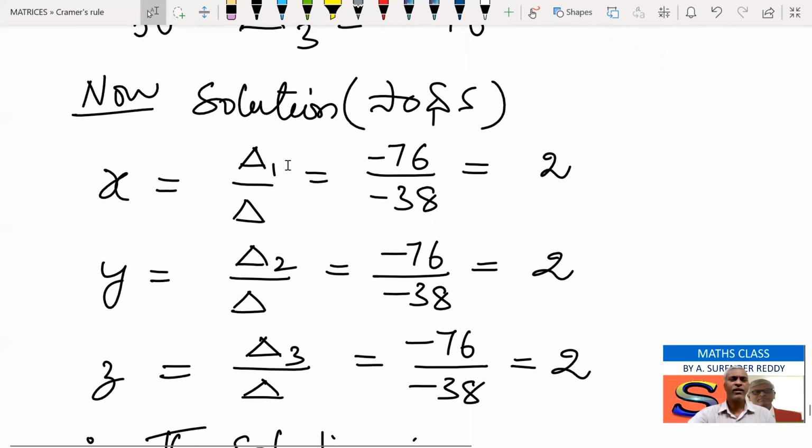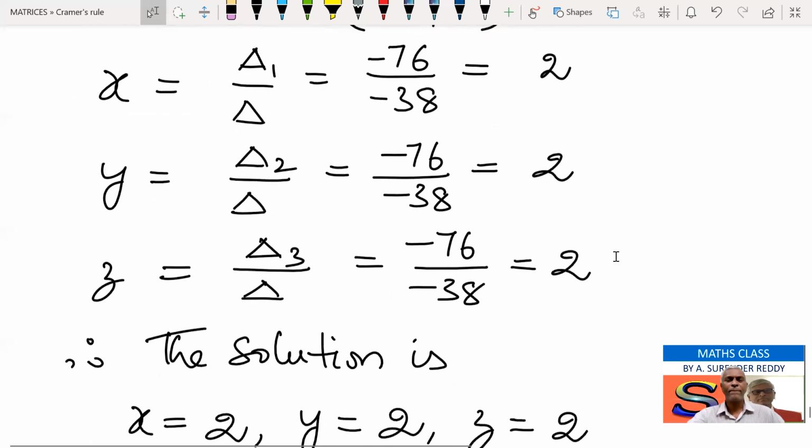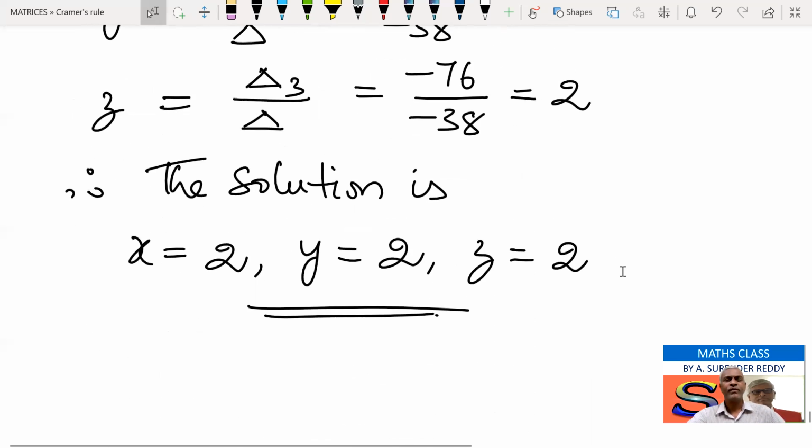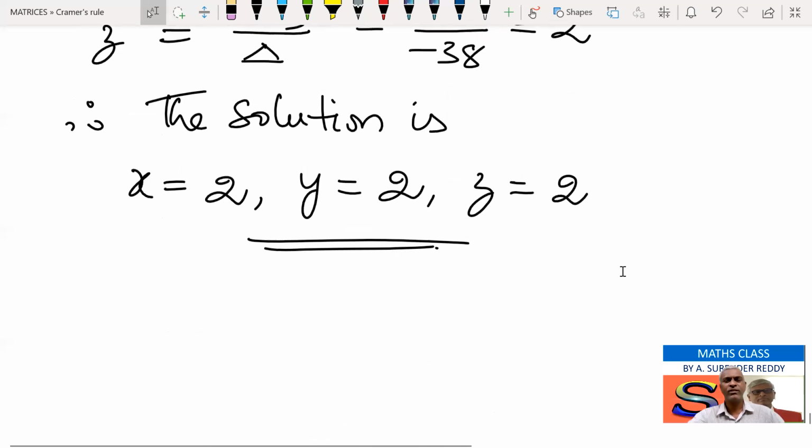Only the numerators change: for x delta 1, y delta 2, z delta 3. If you divide delta 1 by delta, you get x. If you divide delta 2 by delta, you get y. If you divide delta 3 by delta, you get z. So that is 2, 2, 2. The solution is x value 2, y value 2, z value 2.